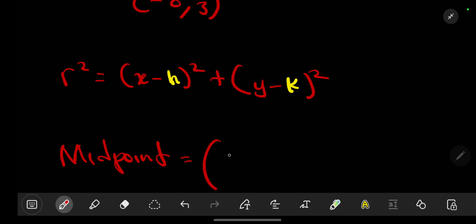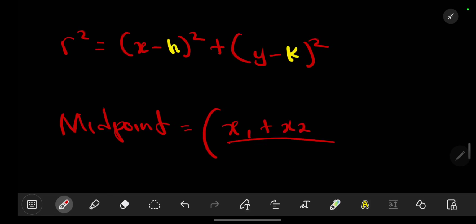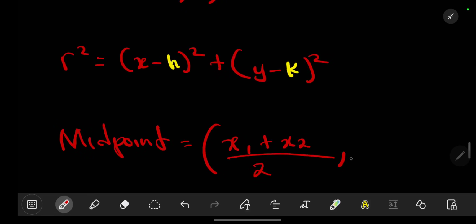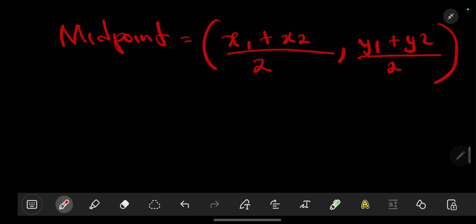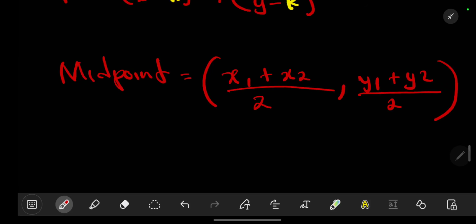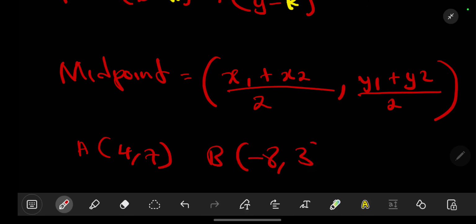The midpoint, according to coordinate geometry, is given by (x1 plus x2) over 2, then (y1 plus y2) over 2. The coordinates that we have are A at (4, 7) and B at (negative 8, positive 3).